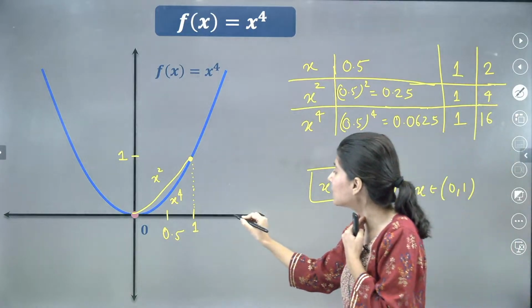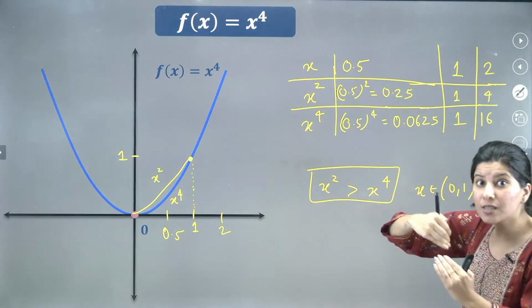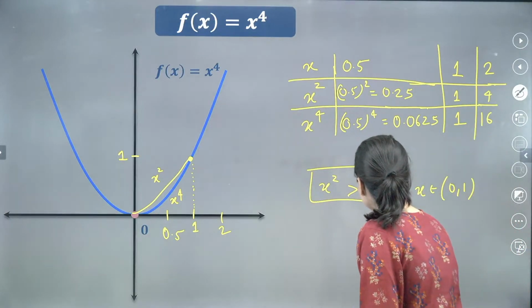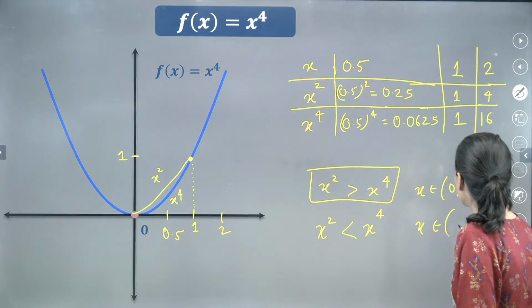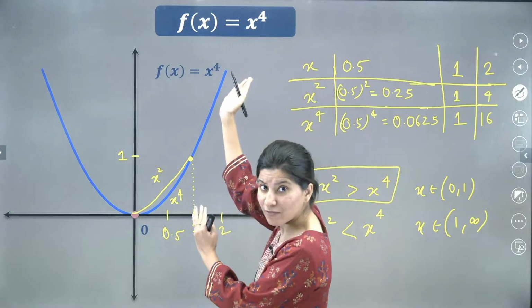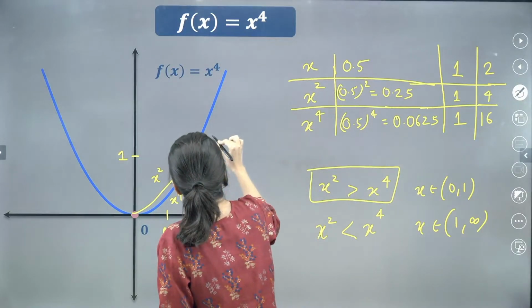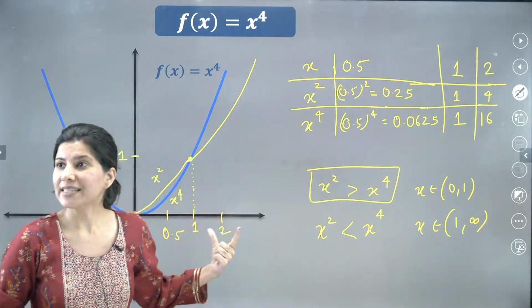So at x equals 2, clearly x raised to power 4 is bigger. When x belongs to 1 to infinity, x raised to power 4 will be above and x square will be below. Now can you see what is happening over here?